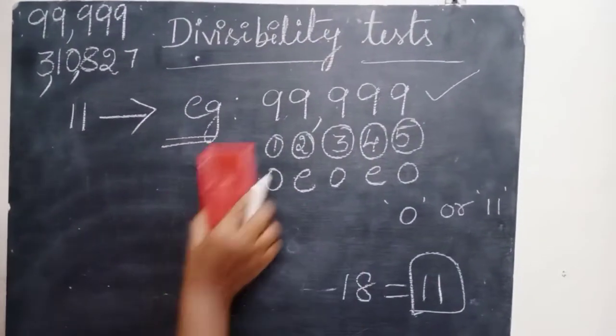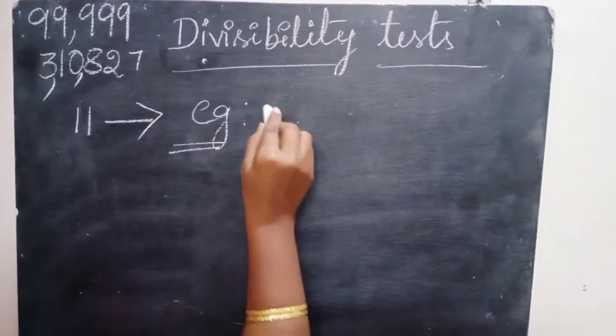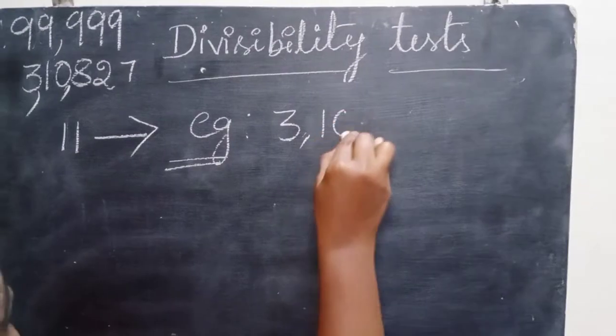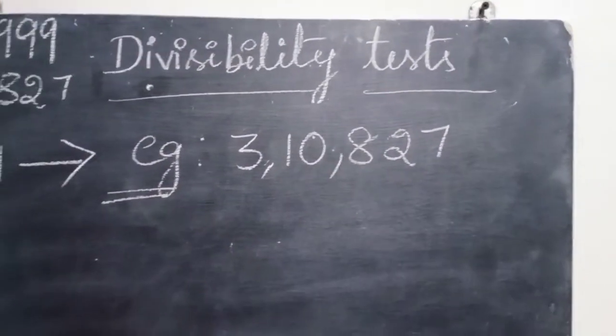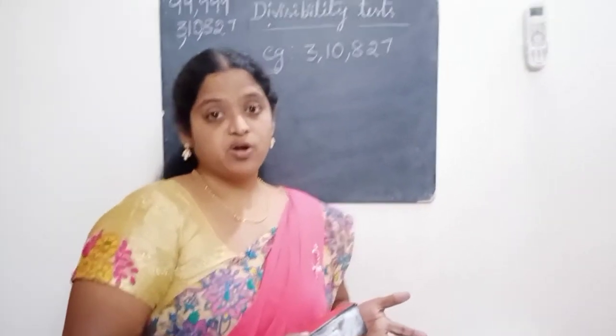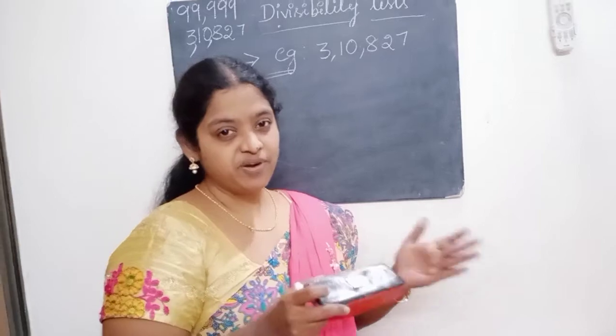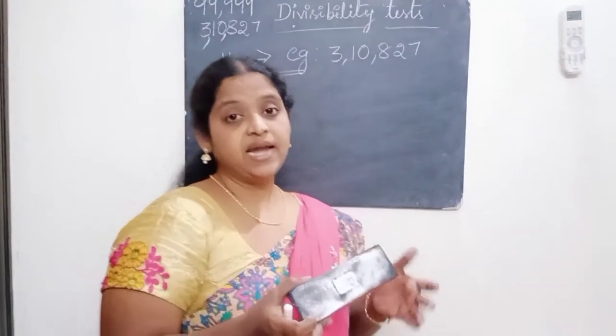So I'll take another example: 3,10,827. Why am I explaining with so many examples for 11? Because you will get doubts in that, as it's a little different compared to the other rules: 2, 3, 4, 6, 8, 9, 10.